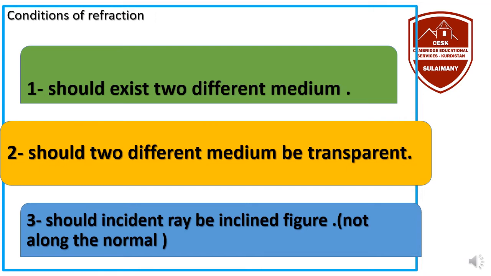When we have an incident ray, this incident ray should make an angle with the normal, between 1 degree and 89 degrees. So the angle between the normal and the incident ray is not zero. Zero angle means the incident ray is along the direction of the normal, so this is not inclined. The incident ray should be inclined.